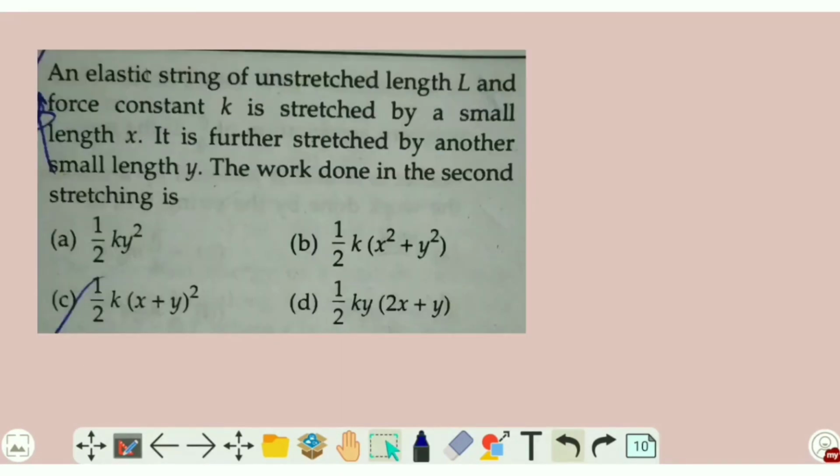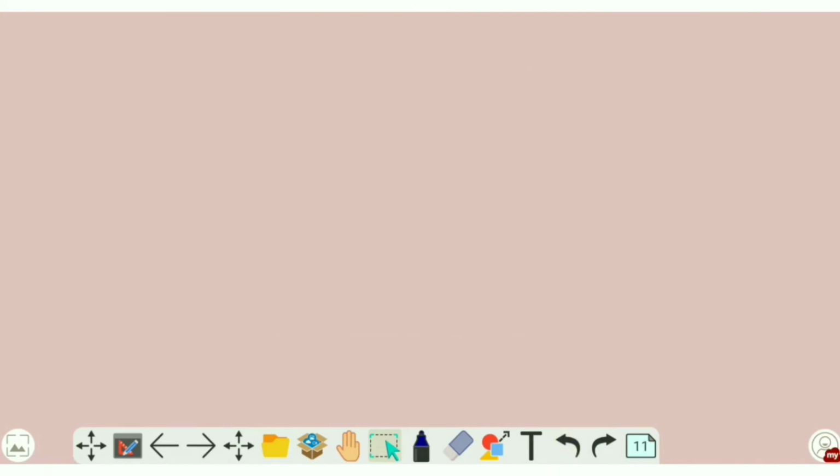Now next problem. An elastic string of unstretched length L and force constant K is stretched by a small length x. It is further stretched by another small length y. The work done in the second stretching is. Okay, so first visualize this problem.